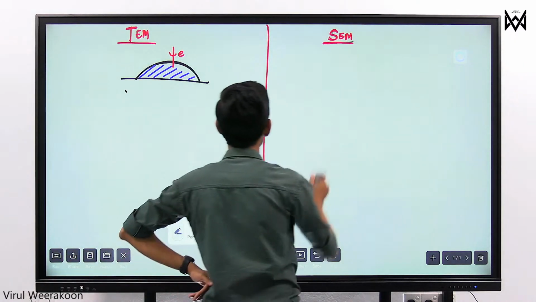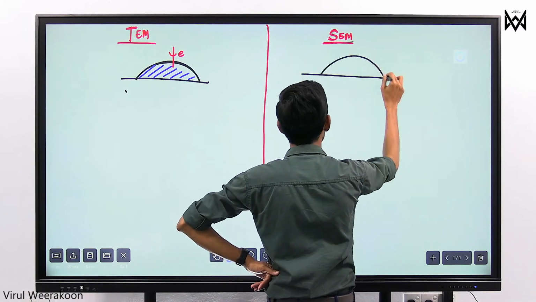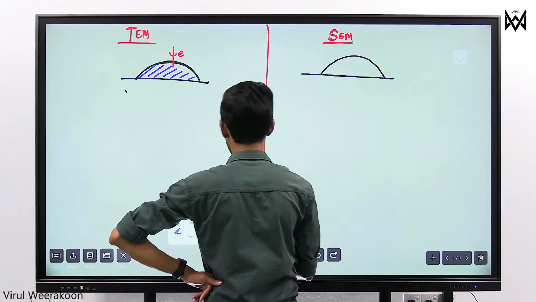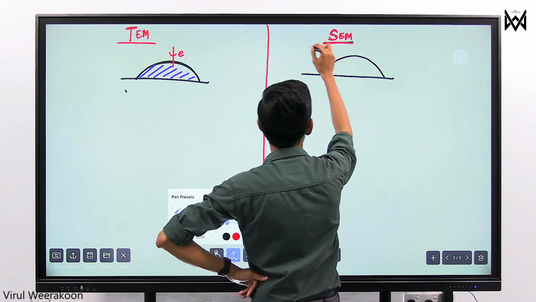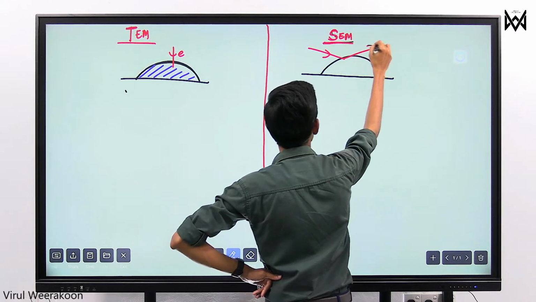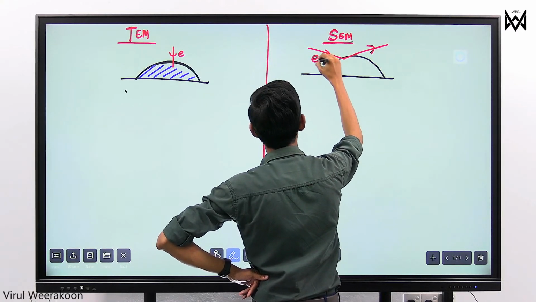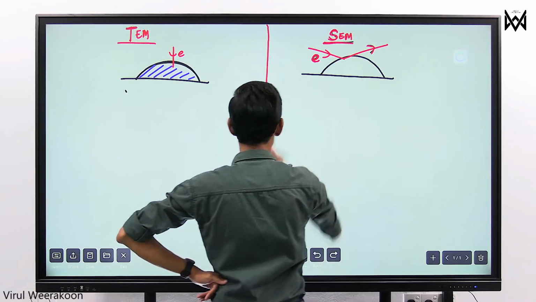But in contrast, in the scanning electron microscope, the specimen is here. Then electrons are coming and they reflect from the surface, right?